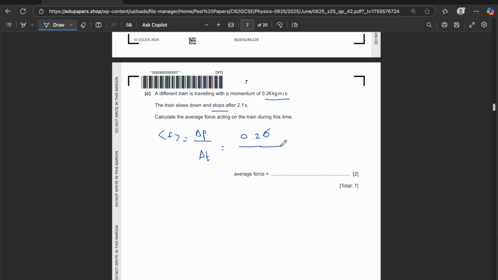We won't consider negative and stuff with this one, and this is divided by 2.1. We can consider the negative, but it's simpler because we don't really need to here. So you get something like 0.1238 and so on, to two significant figures, average force in newtons.